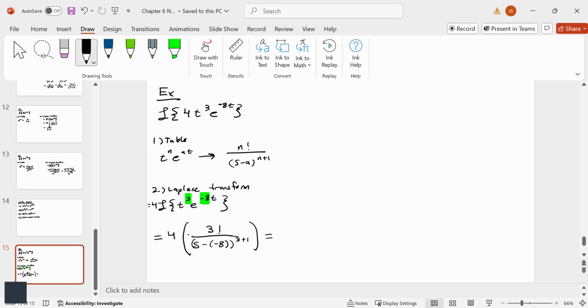And so what we end up getting is 3 factorial, 3 times 2, which is 6, and then times 4 is 24. And then we get s plus 8 to the 4th power. So if you ever see s plus a number in the denominator, that usually means the exponent of the exponential is negative.